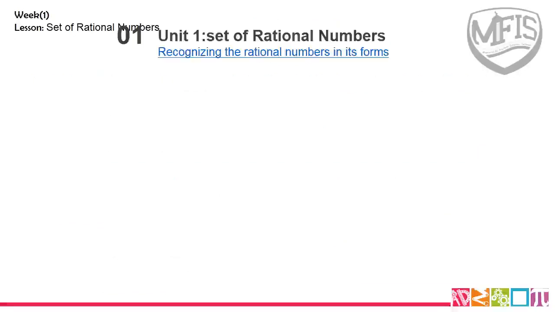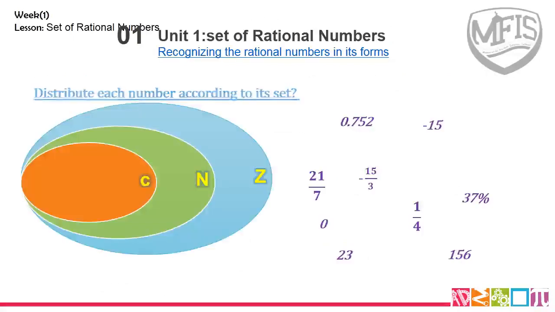Let me test your knowledge about these sets. We have here a group of numbers and we need to distribute them among the 3 sets: counting numbers, natural numbers, and integer numbers.